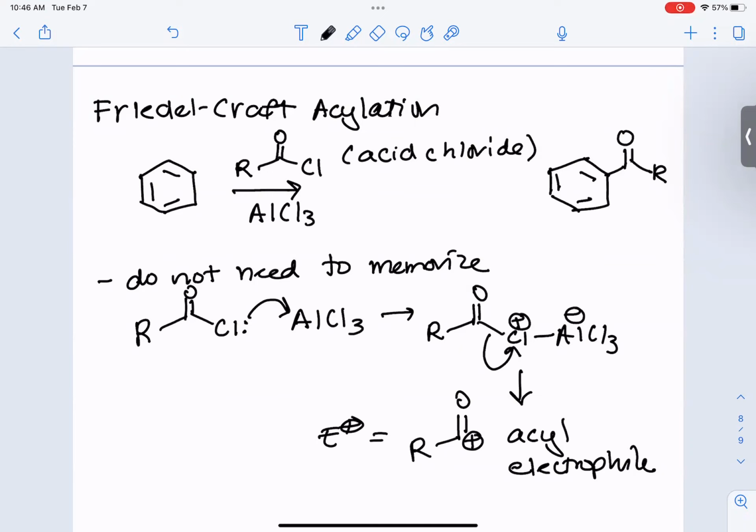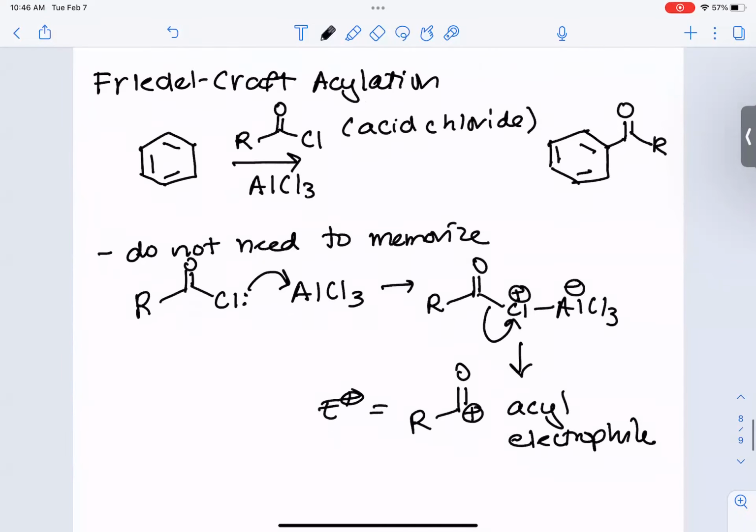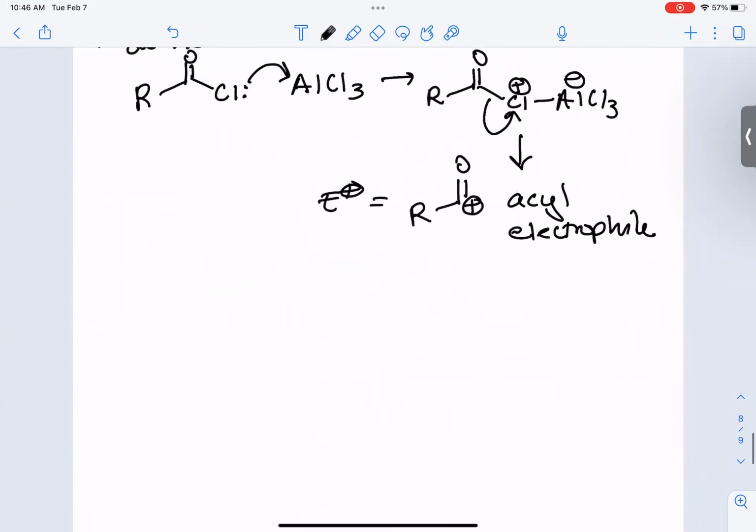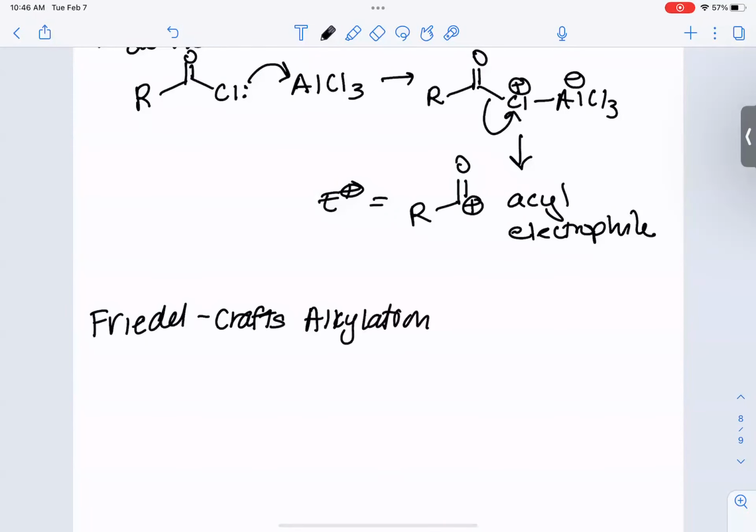All right. If we want to alkylate, it's Friedel-Crafts alkylation. You have your benzene ring. You add an alkyl halide.